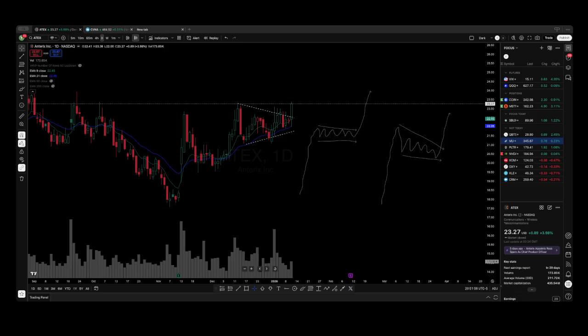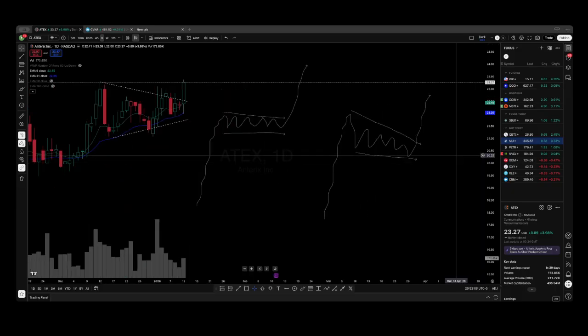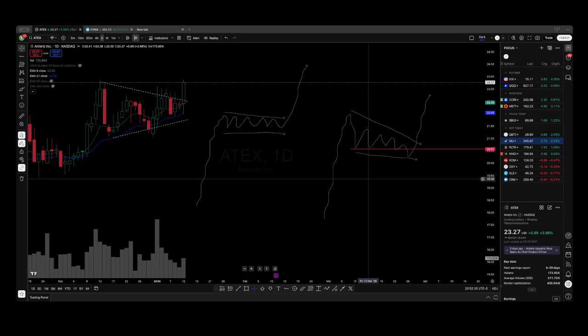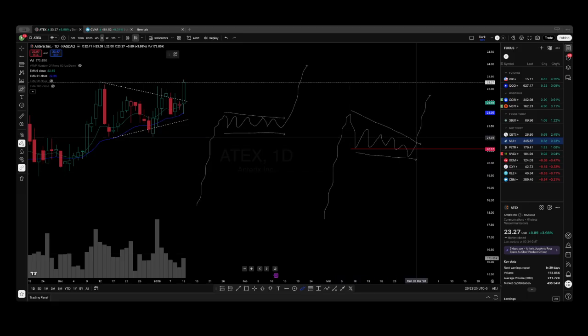Which compression? The second one that I drew. Usually the way that I like to buy continuations is I like to bid the undercut, right? There's usually going to be some sort of support level that most traders are buying. Let's just say price is consolidating, and then it starts to pop here.